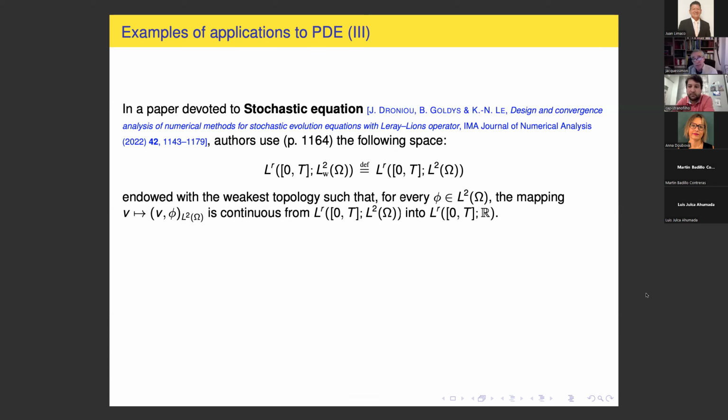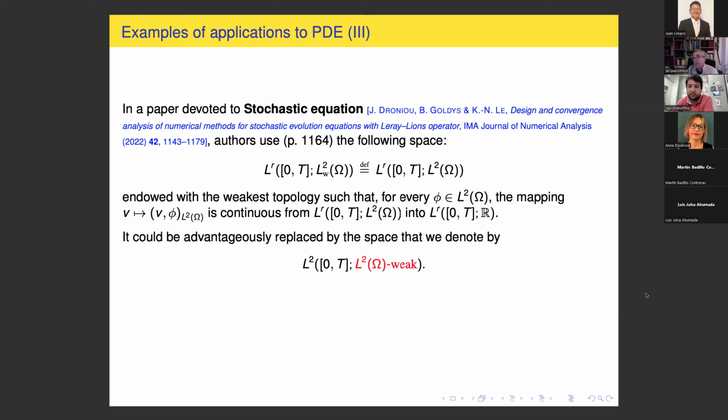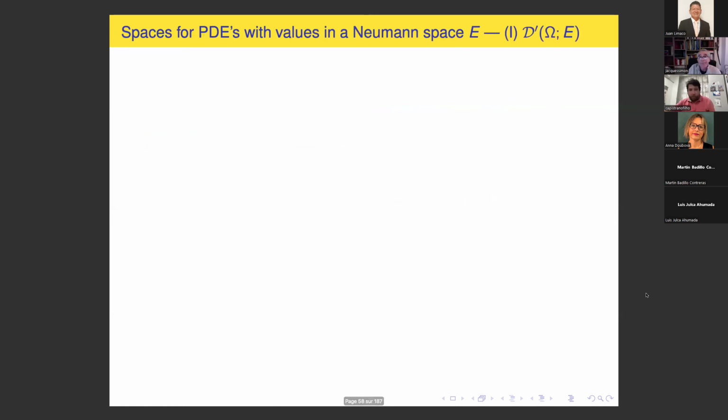And in fact, this is the space that I define, which is the space L2 of 0,T in L2 weak. But he uses a complicated definition because he doesn't know how to construct this space.